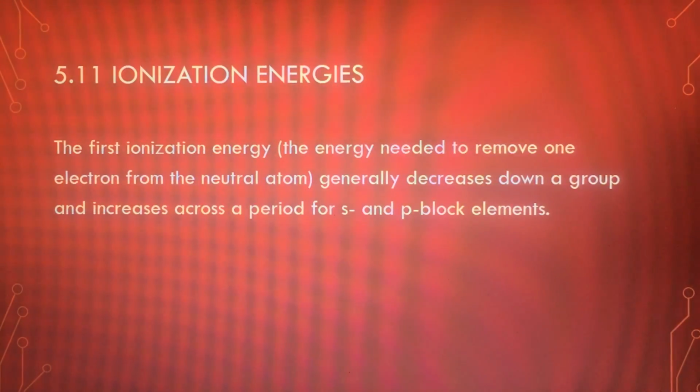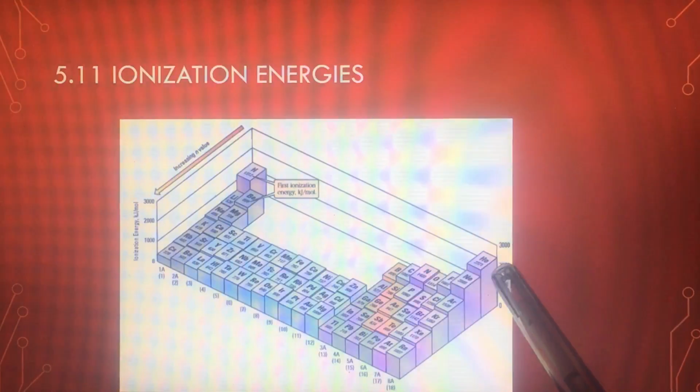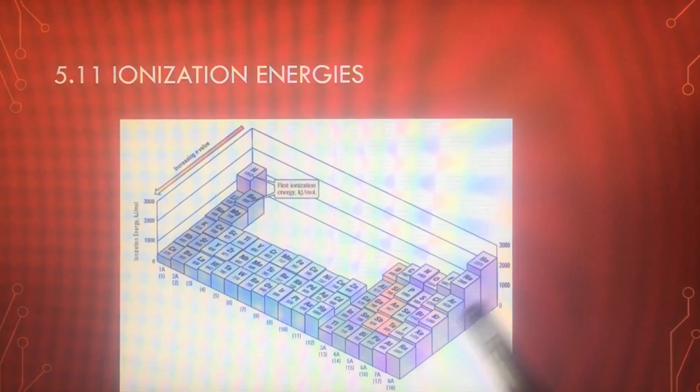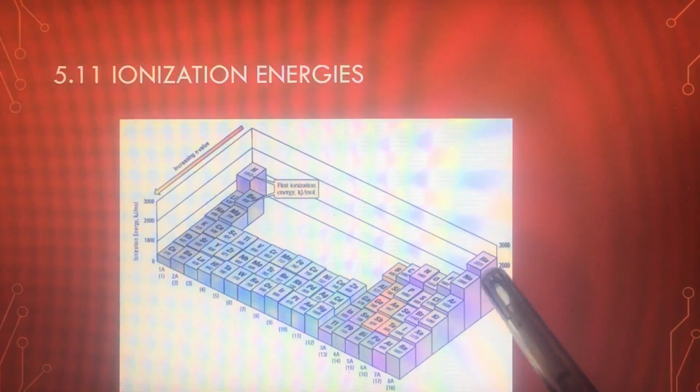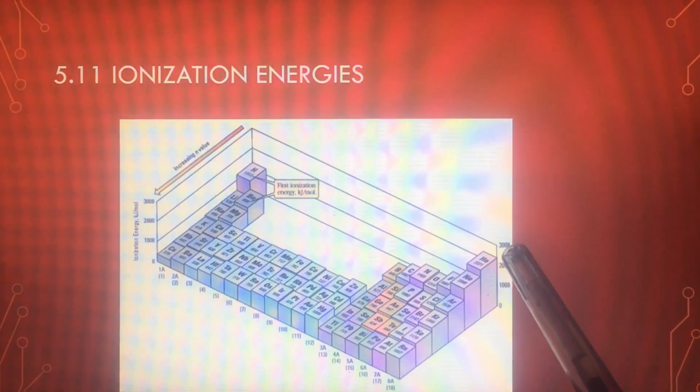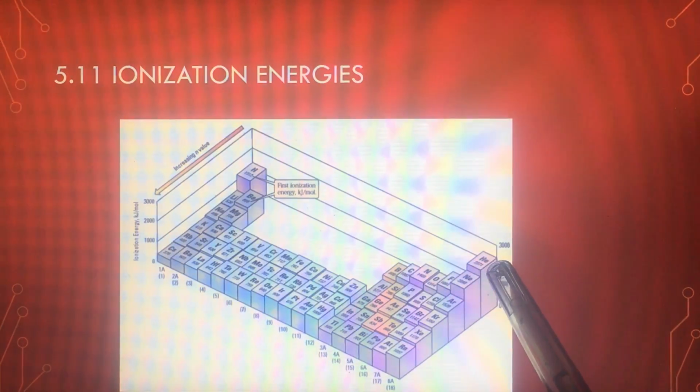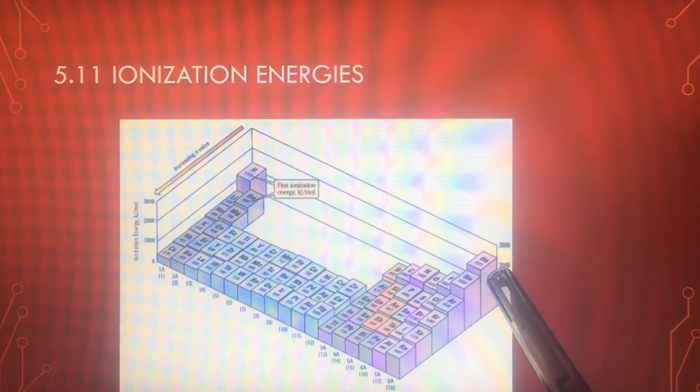So why is that? First, down the group. The valence electrons found, for example, in helium are found nearer the nucleus.